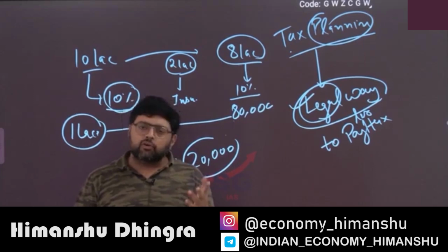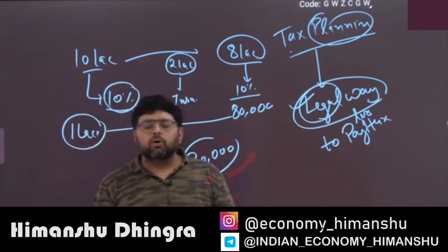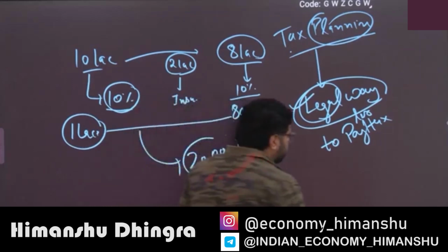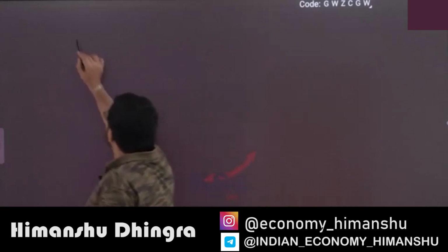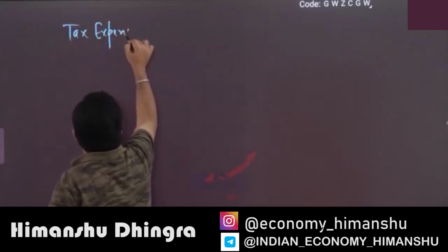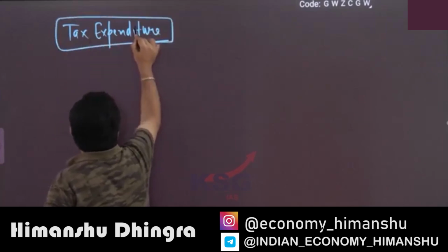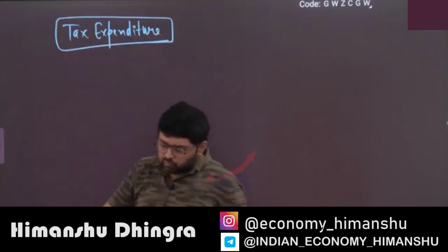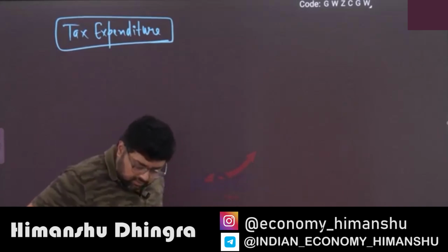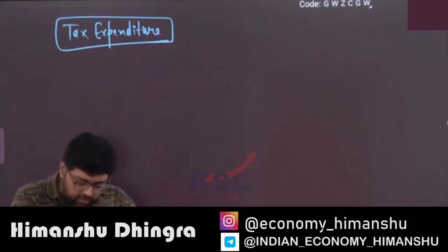The government itself wants you to go for tax planning, clear? Now there is another term, tax expenditure. Who will tell me what tax expenditure is?